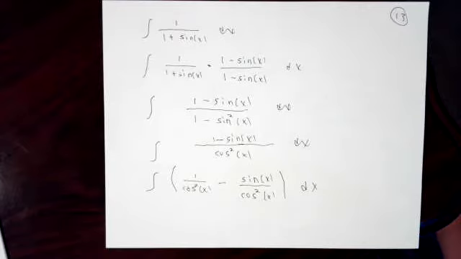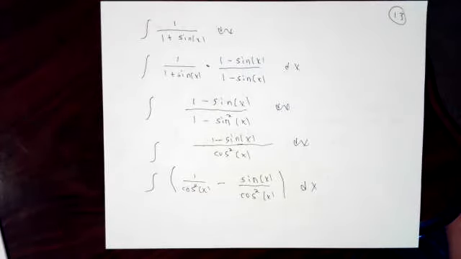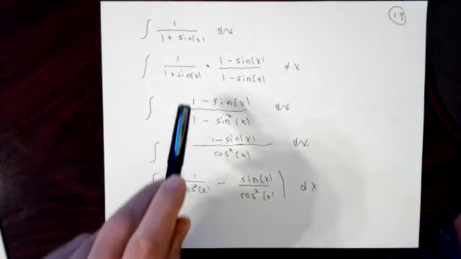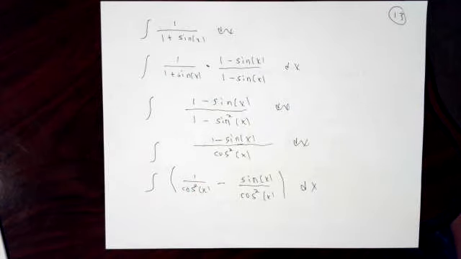When I multiply these fractions together, I'll have numerators 1 and 1 minus sine x, so you just end up with 1 minus sine x above. Downstairs, remembering the old a plus b times a minus b is a squared minus b squared formula, and 1 plus sine x times 1 minus sine x, the result of that is 1 squared, which is 1, minus the square of the sine of x.